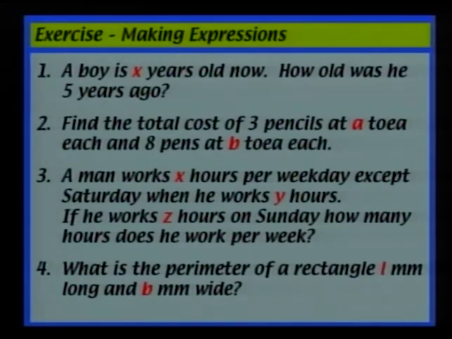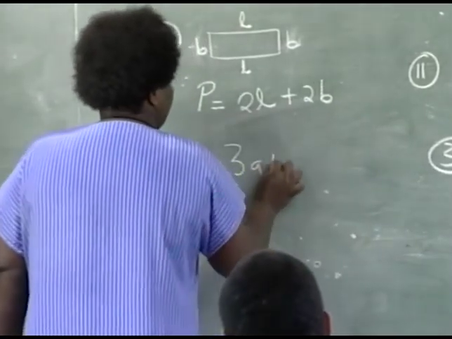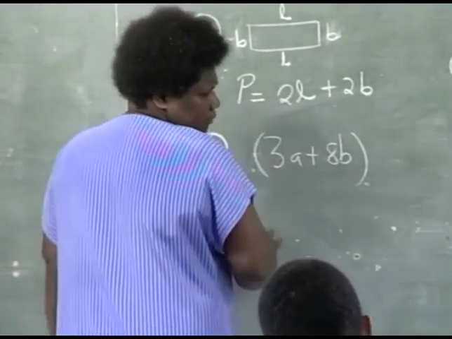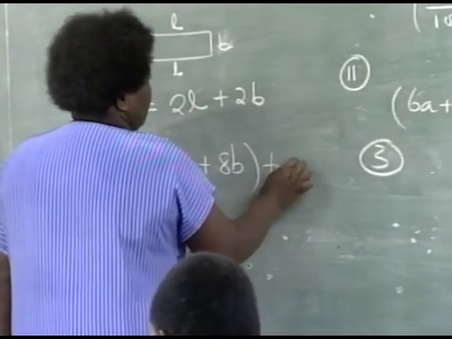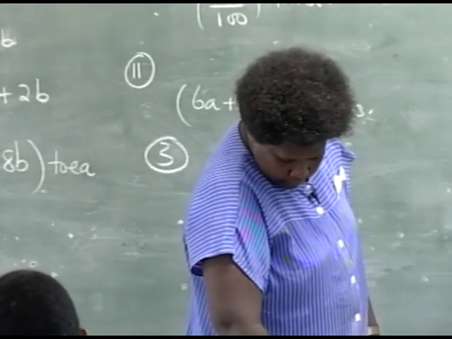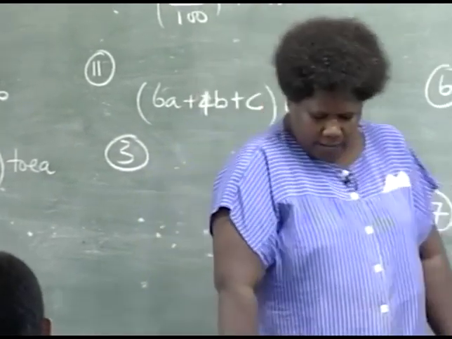Agnes, what answer have you got for number 2? 3A plus 8B. 3A plus 8B is correct. And that should be in toya. Yep.